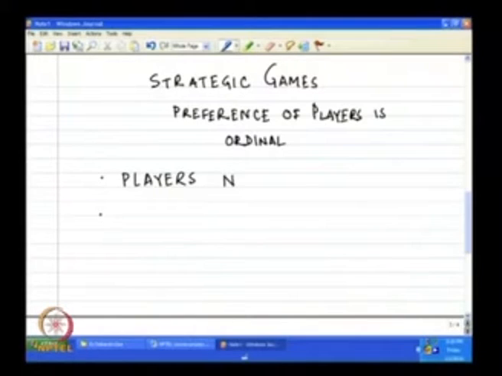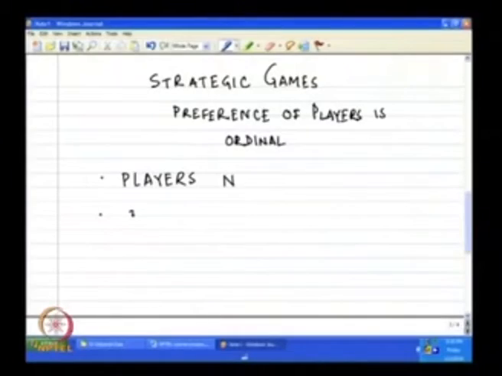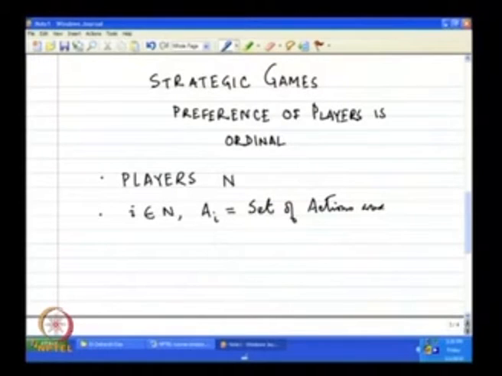Secondly, what are the actions that are available to each of the players? These are called action sets. So, if i belongs to capital N, then I should have an idea what is Ai, where Ai is the set of actions available to i.